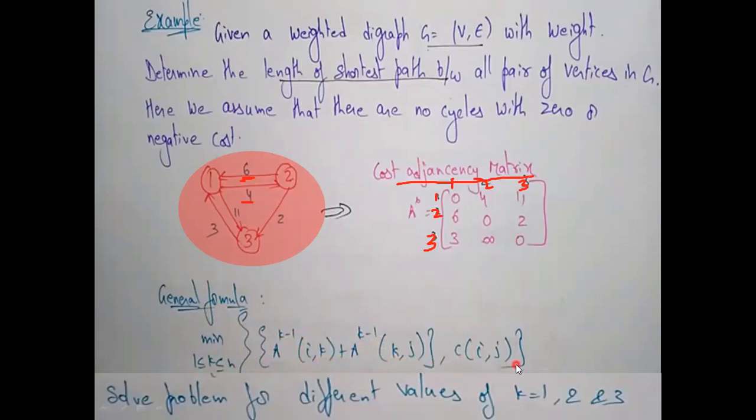We are going to apply this matrix in this formula to find the shortest path. To solve this problem, we use different values k equal to 1, 2, 3. Why up to 3? Because the number of vertices is 3.